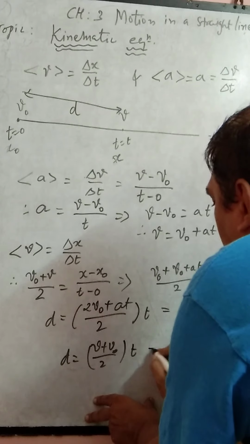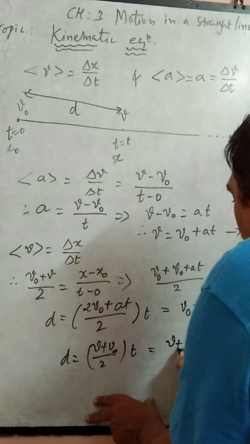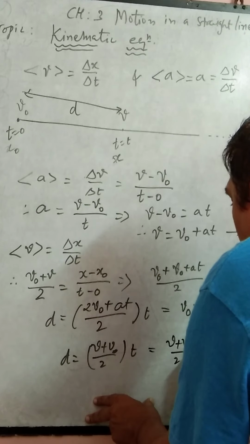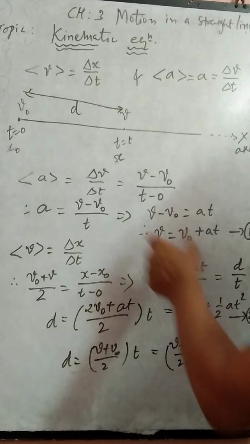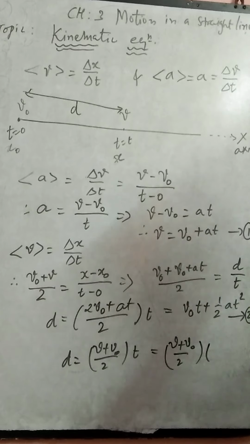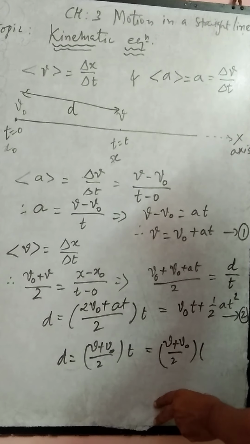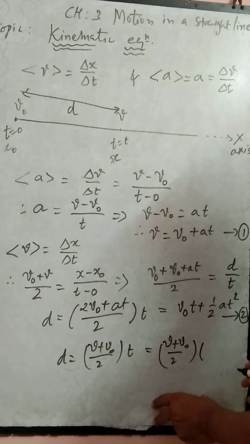Substituting this value of t, we get v plus v naught divided by 2 into v minus v naught upon a.